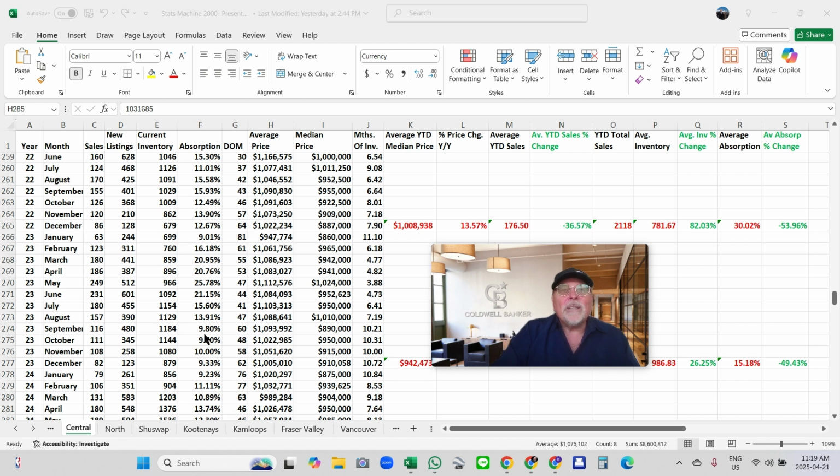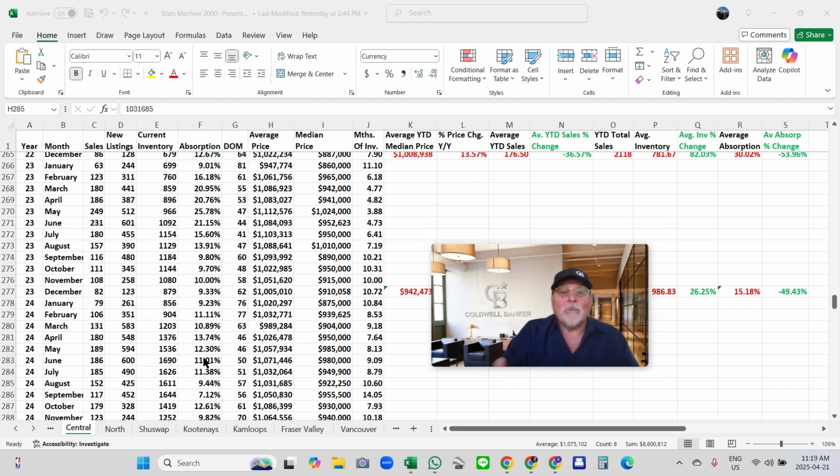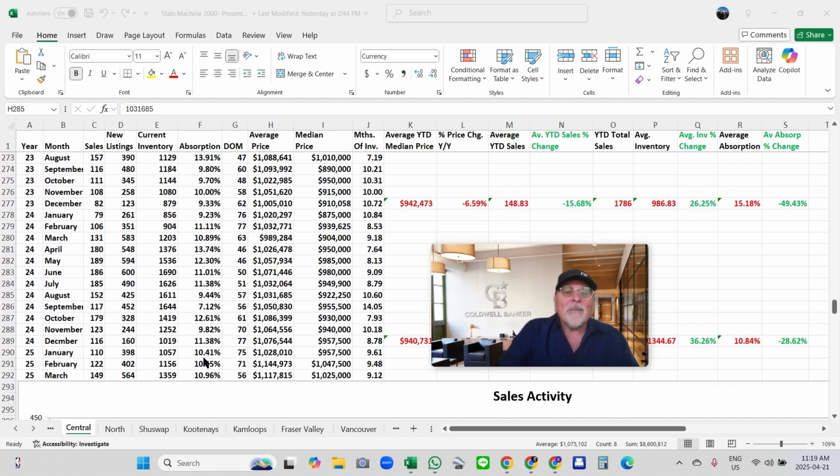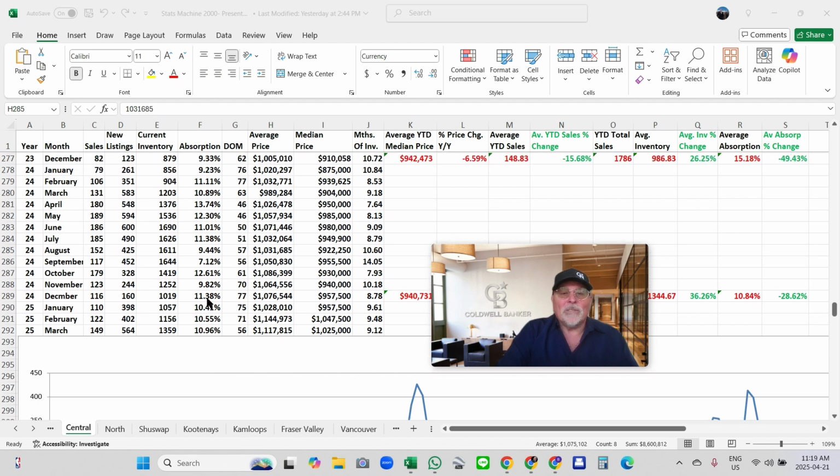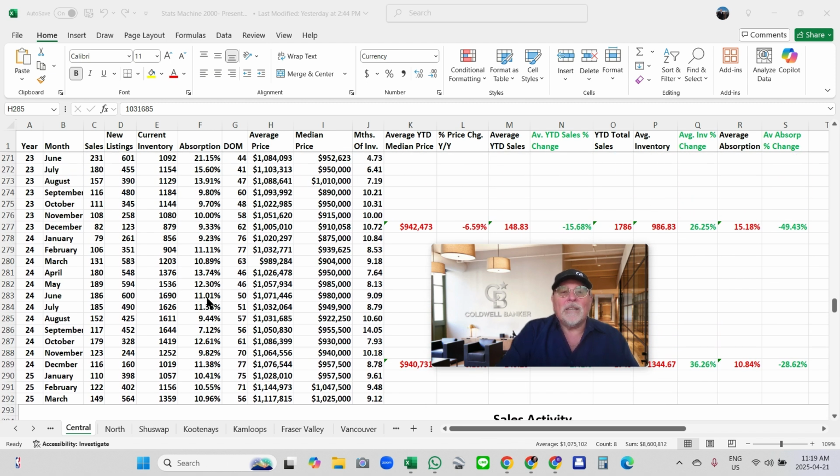And 2023 was a correction year. It went into single digits here and became quite low. And the substantial part is it's below 12%. And that really hasn't changed for the Central Okanagan. As you look at the absorption, which is the most important statistic to determine what's going to happen in the future, because the absorption rate is an indication of supply and demand and where the supply and demand is going.